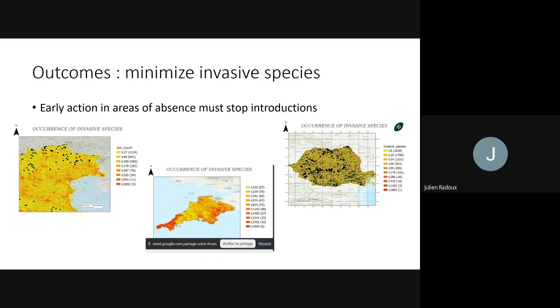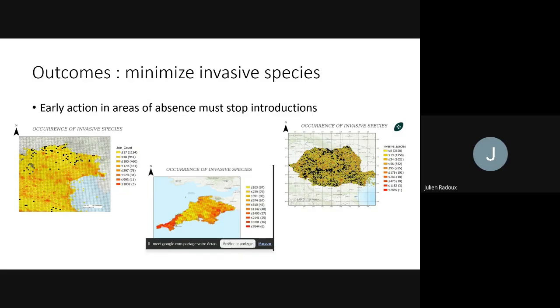So the practitioners should not be penalized for having a few invasive species in their place if they are in an area where the density of invasive species is already very, very large.